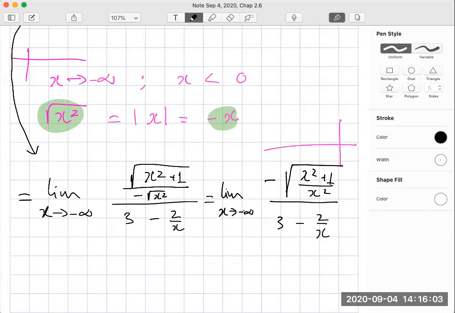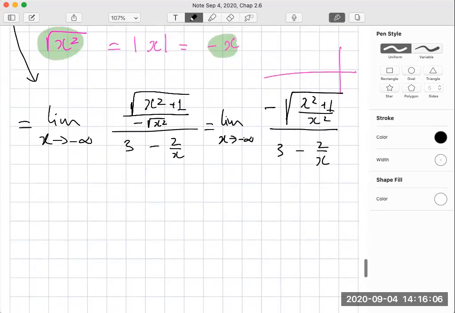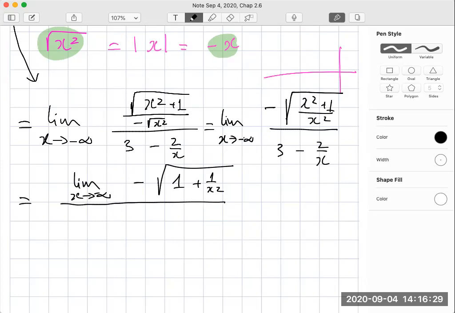Okay? Then again, the limit of a quotient will be the quotient of limits, which is the limit when x approaches negative infinity of negative square root of 1 plus 1 divided by x squared, divided by the limit when x approaches negative infinity of 3 minus 2 over x.